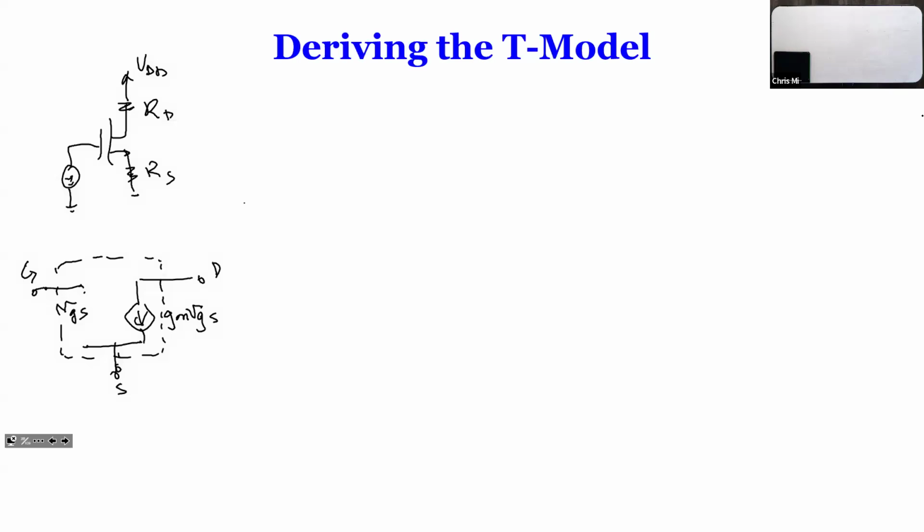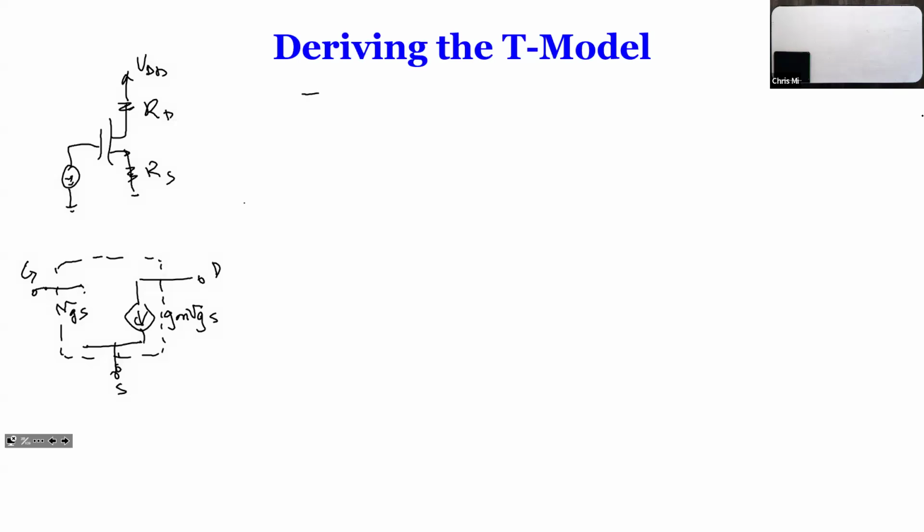But now you have a resistance, therefore you do have a voltage at the source. So now you need a couple of equations to manipulate in order to get the actual expression for your output. Right? So in that case, you would find that the T model that we're going to derive today is very useful. So let's go ahead and look at what happens with the model.